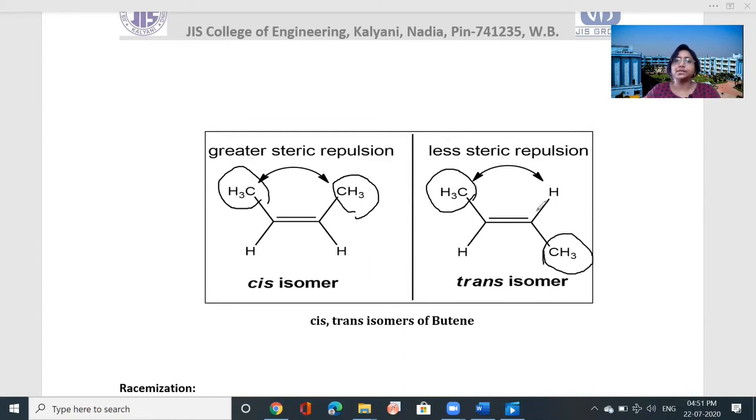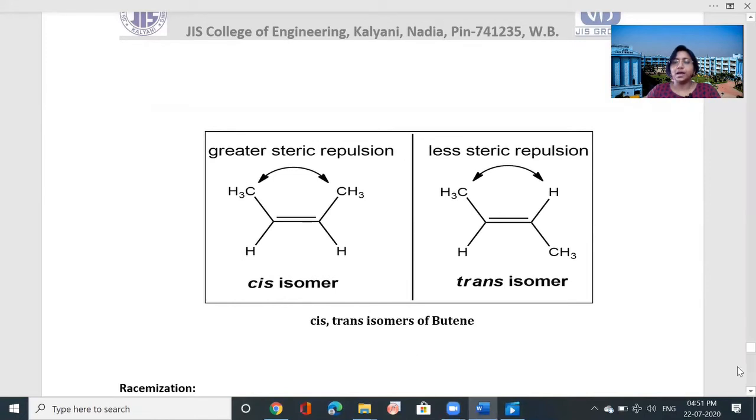So here there is the least steric repulsion because CH3 is the bulky group and H is the small group. But in the first figure, for the cis isomer, there will be greater steric repulsion because there are two bulky groups. Okay, clear? So you have understood the cis isomer and the trans isomer.